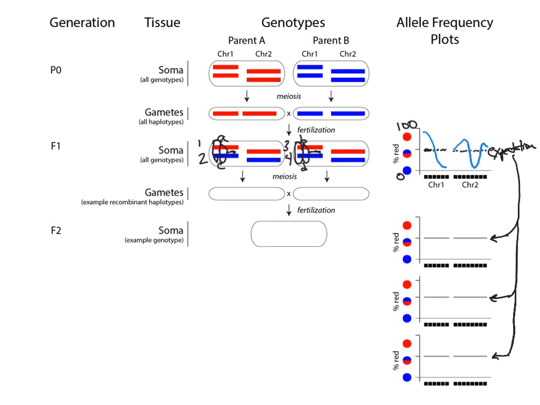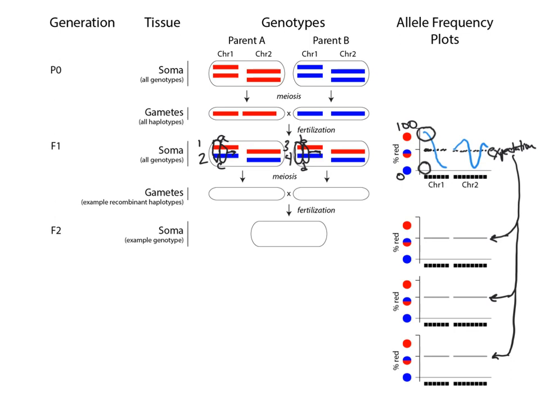This would mean, for example, if we saw a peak where 100% of the organisms in a population in one generation only had red alleles, that might tell us that it's beneficial for those organisms to have red alleles, or similarly, it could tell us that it's bad to have the blue version of that chromosome, and that's why there are no individuals left in the population that have the blue allele.